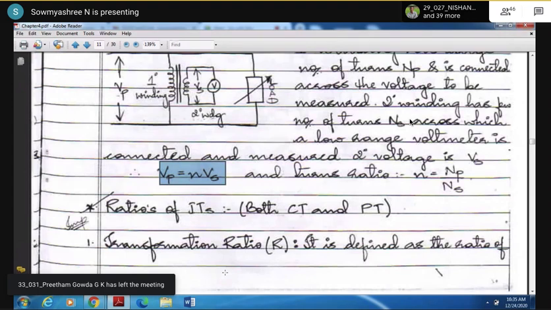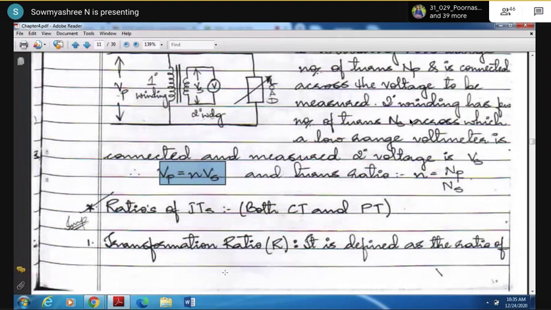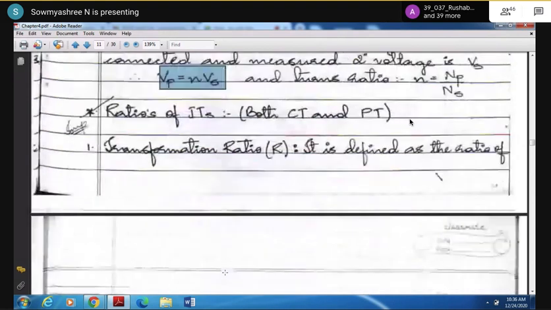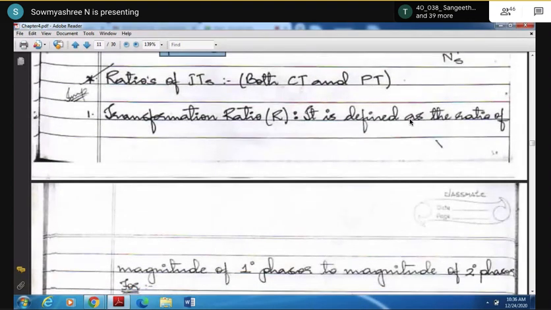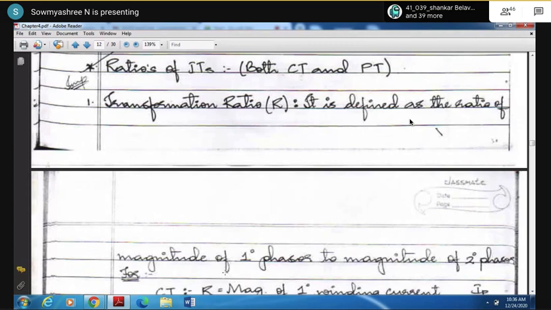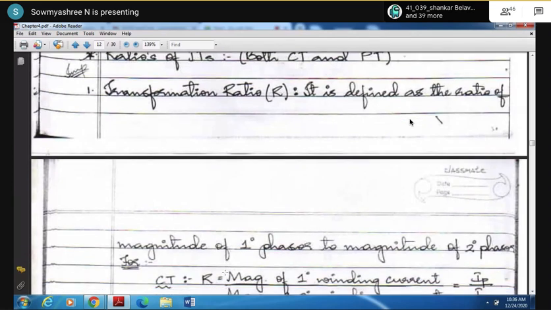Okay. So what is this transformation ratio with respect to instrument transformer? It is defined as the ratio of the magnitude of the primary phasor current to the magnitude of the secondary phasor. That is, whatever value you're going to measure, the magnitude of that particular thing.